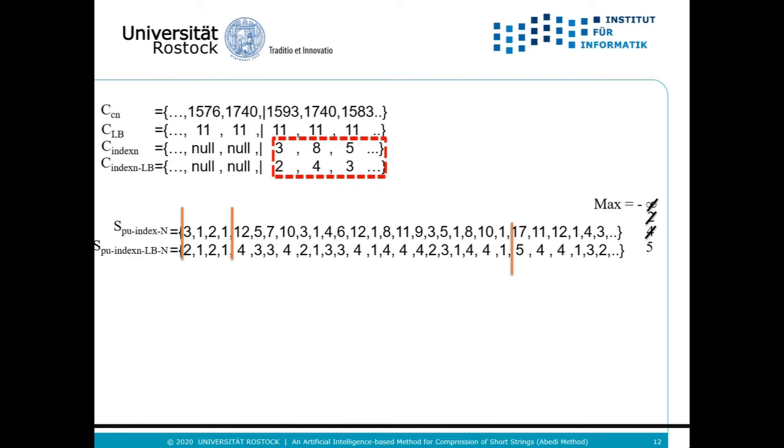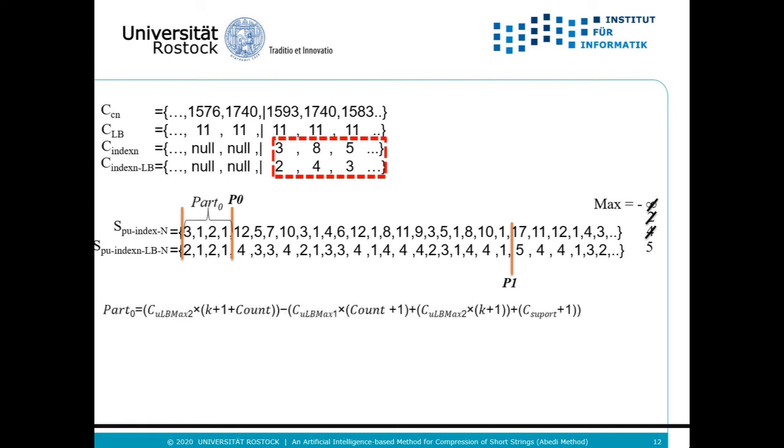And in this example, it finds 2 points where maximum numbers exist, and it evaluates to see which one is the most efficient one for separation. In part 0, we would like to know if it's efficient to separate index number 12 or not. And the algorithm finds it by using this formula.